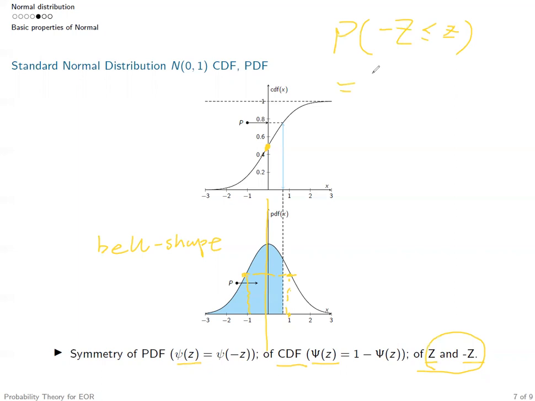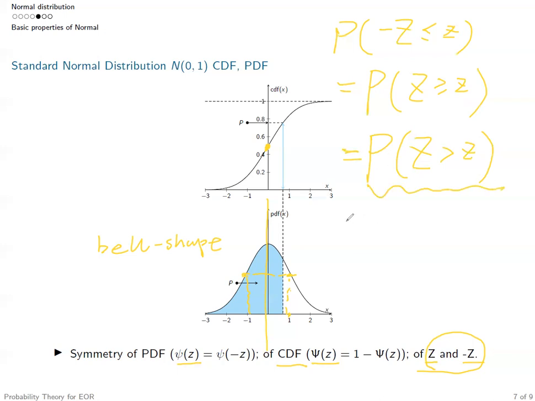That is essentially the probability of z larger or equal to small z. And we know for a continuous random variable, if we add the equality or drop the equality sign, the probability value remains exactly the same, because for a continuous random variable, equal to a specific number always has 0 probability.